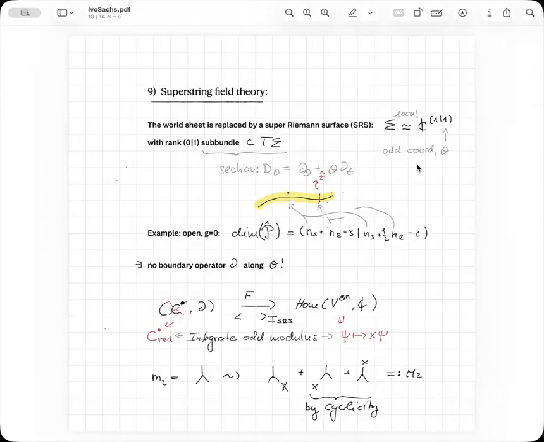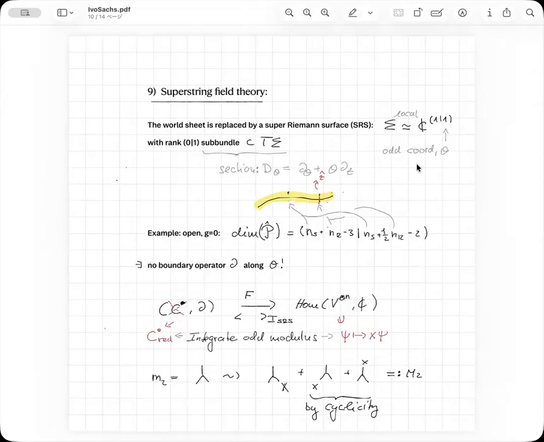So that's why we now turn this thing around. What we're going to do is we simply integrate along this odd direction. So we pretend we already do some integration over a part of the moduli space, because we don't know how to decompose it. And we know how to do that.